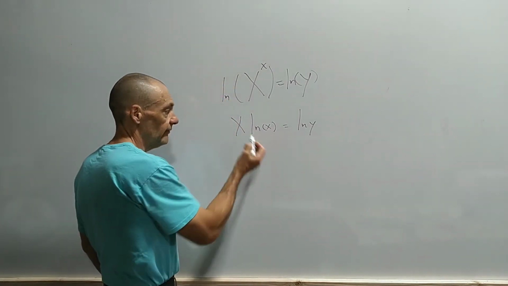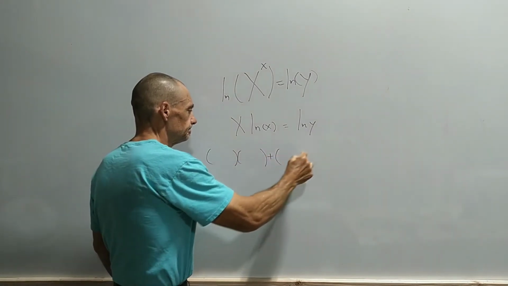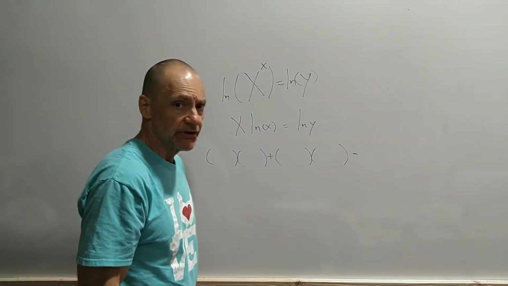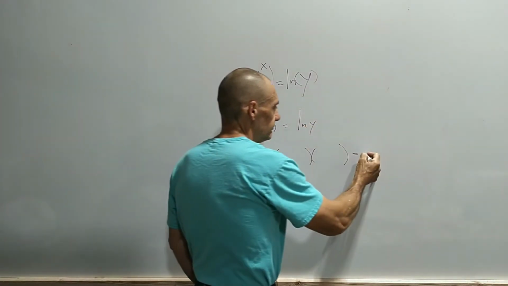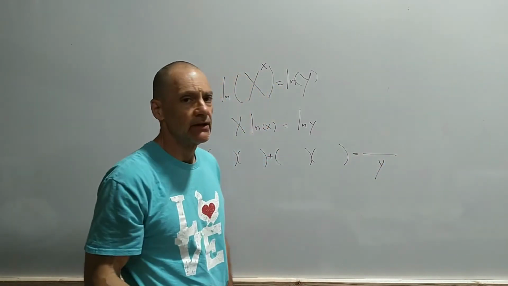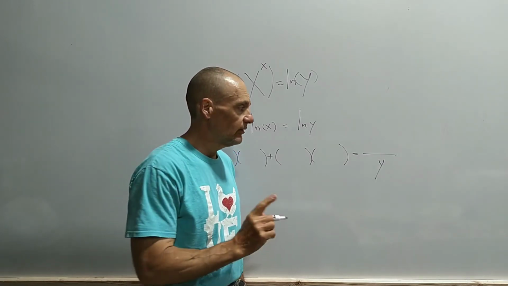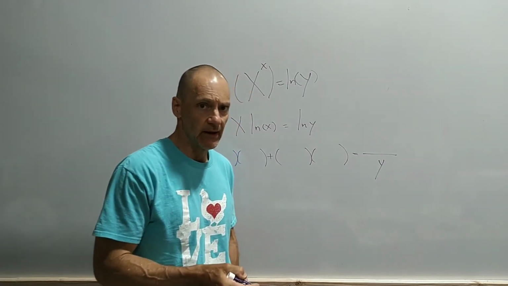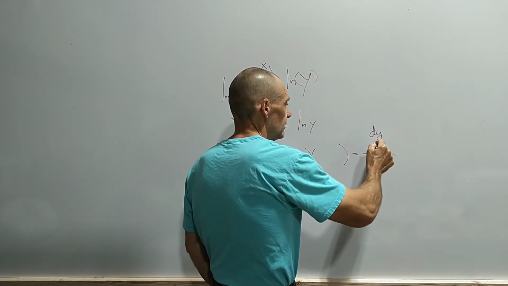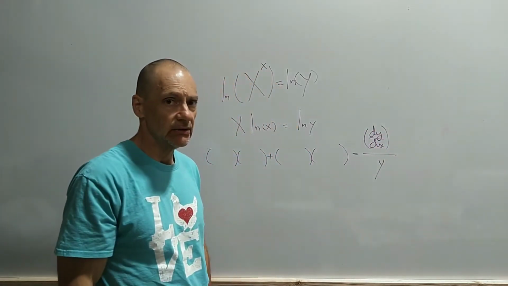Notice that here we have a product rule, right? Okay, so product rule. And here we have a log. Let's start with the easy one first, right? ln y, copy, y, derivative of y. Now, we're taking the derivative of this thing with respect to x, yes? So what's the derivative of y with respect to x? Well, this is an implicit derivative, right? So it's going to be dy dx, okay?